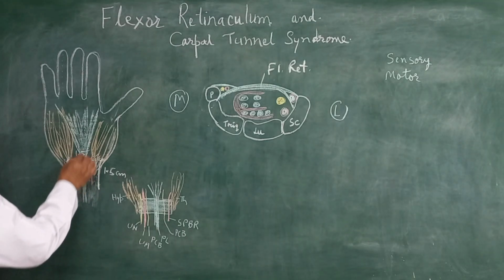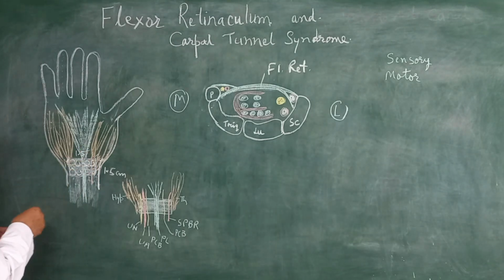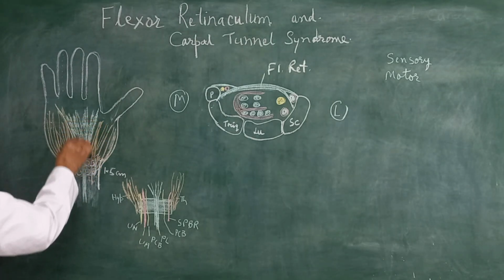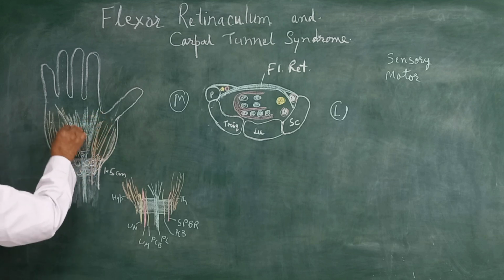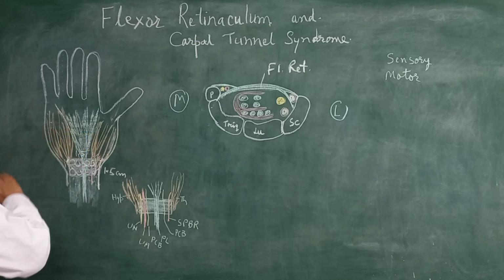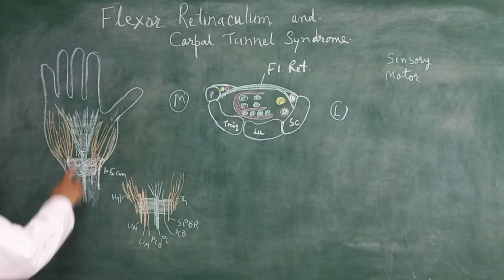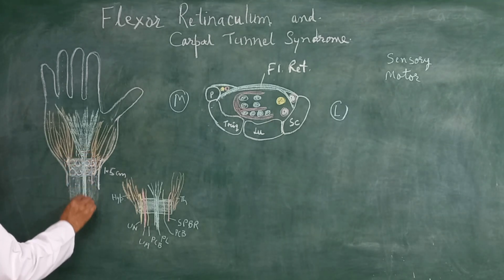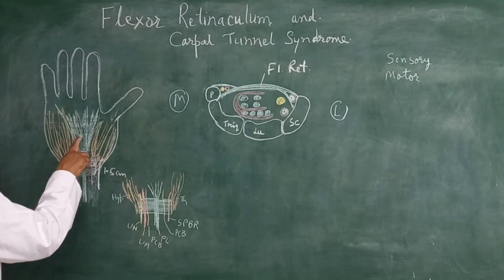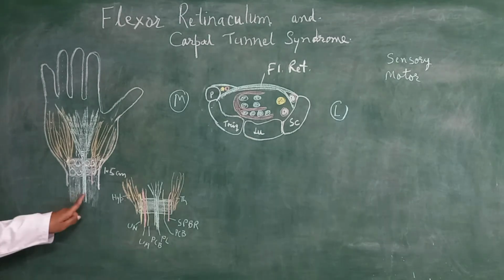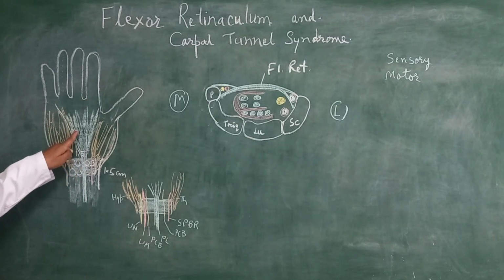Distally, it continues with a triangular fibrous band, which according to some people forms the intermediate part of the deep fascia called the palmar aponeurosis. This is also continuous with the tendon of the palmaris longus, which lies on the surface of the flexor retinaculum.